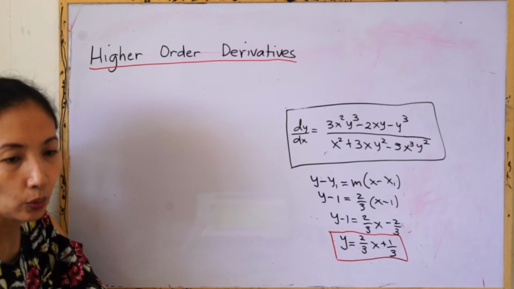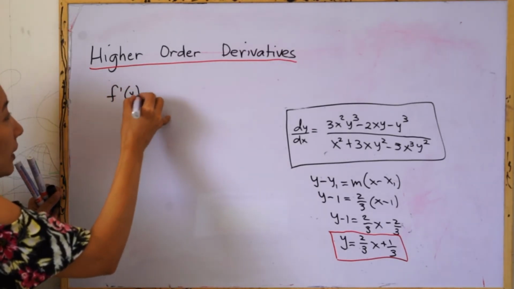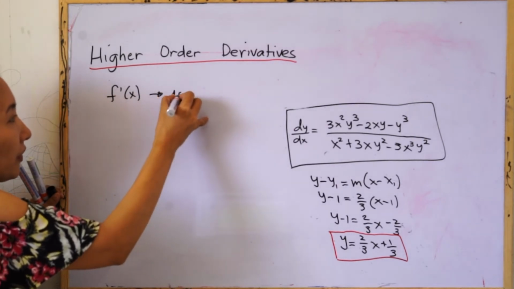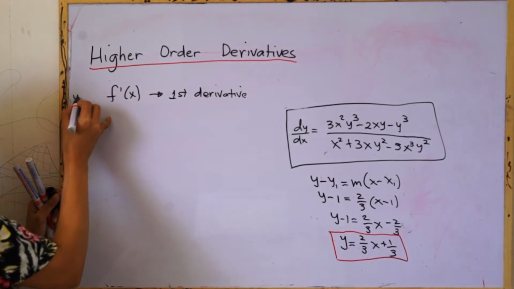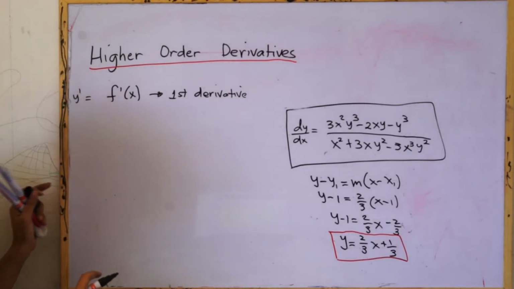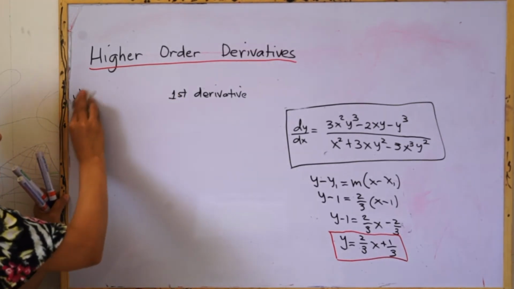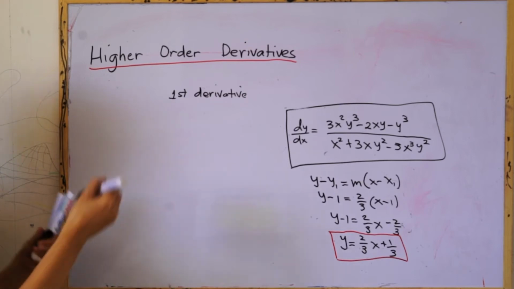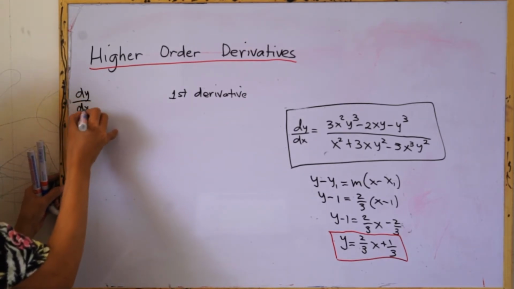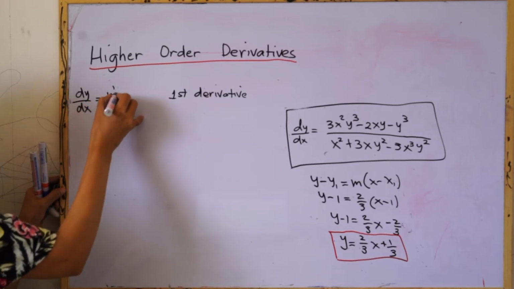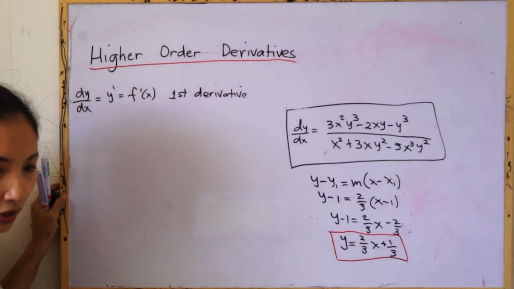Find the third order derivative. So f prime of x is your first derivative, or y prime, or dy over dx. These are the notations.